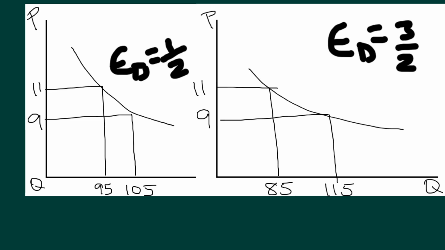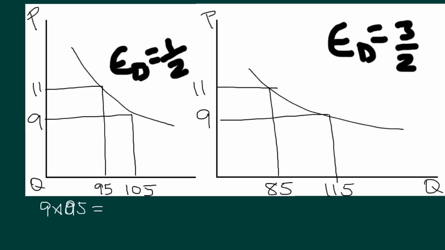So back to this picture, we have an inelastic demand on the left and an elastic demand on the right. Let's look at this as far as total revenue goes. So the story on this one is we're going to start with a price of $9 and we're looking at raising the price to 11 and we're wondering what that does to our revenue. So on the left-hand side, our inelastic demand, our revenue when it was $9 is $9 times the 105.